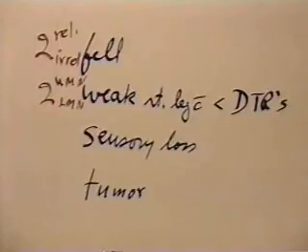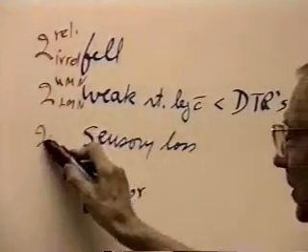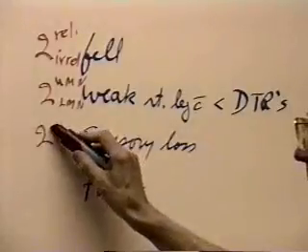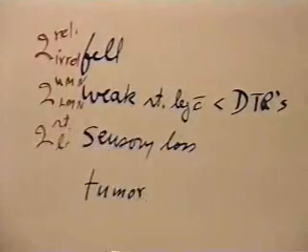And how many kinds of sensory loss would there be in terms of place? 2. That is in the same leg, right or left. Okay.